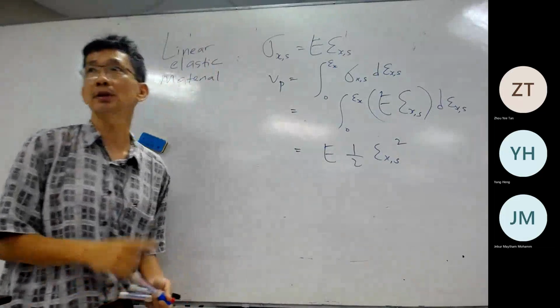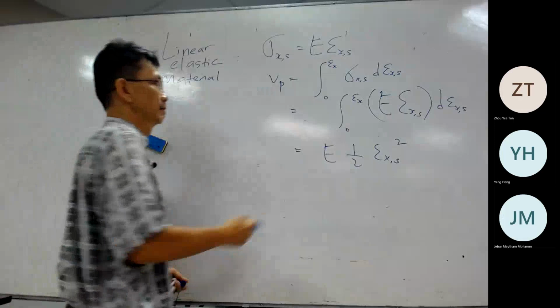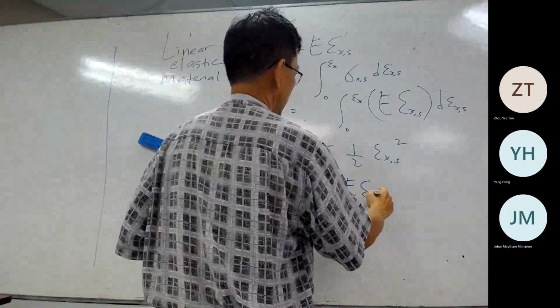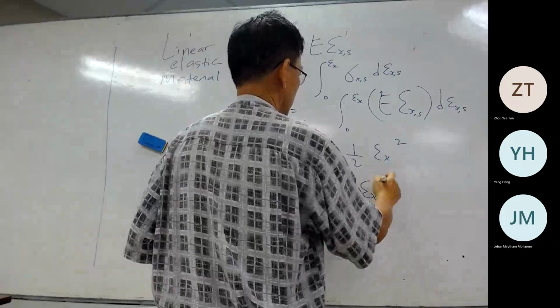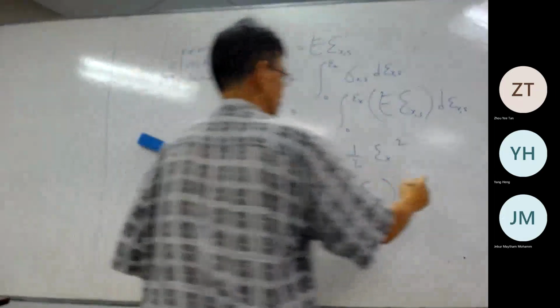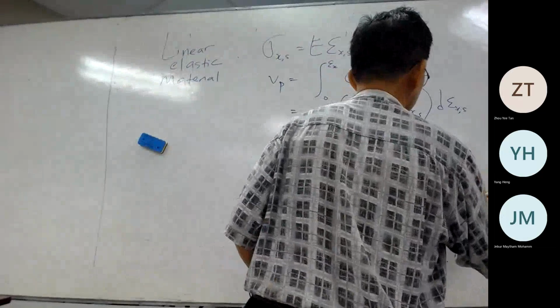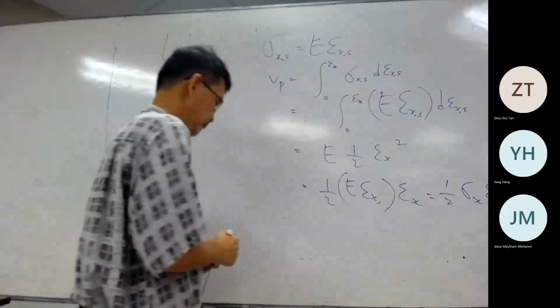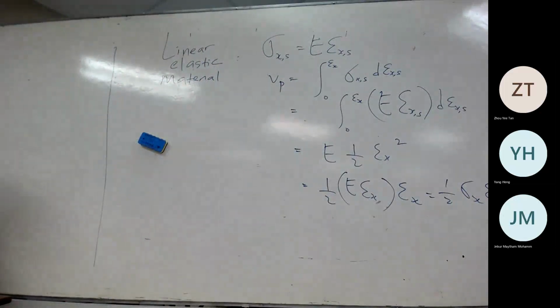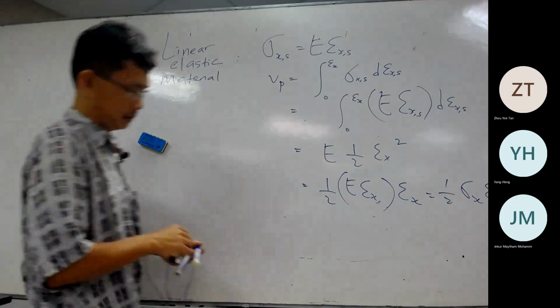And this one becomes half E epsilon x multiplied with epsilon x, so this one becomes half sigma x epsilon x. So now the strain energy density for a linear elastic material, in this 1D problem, becomes half sigma x epsilon x.